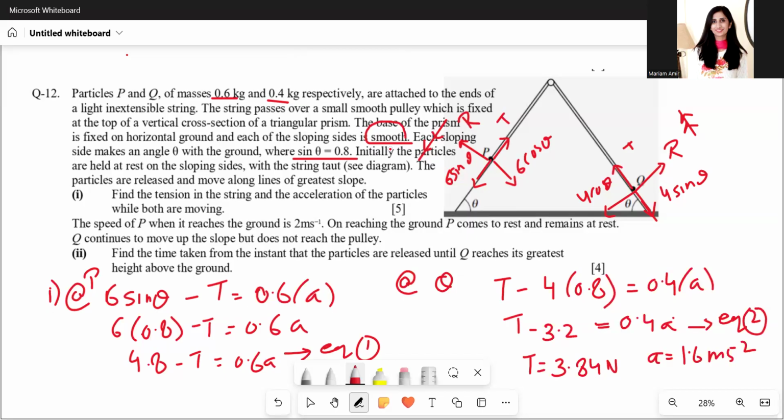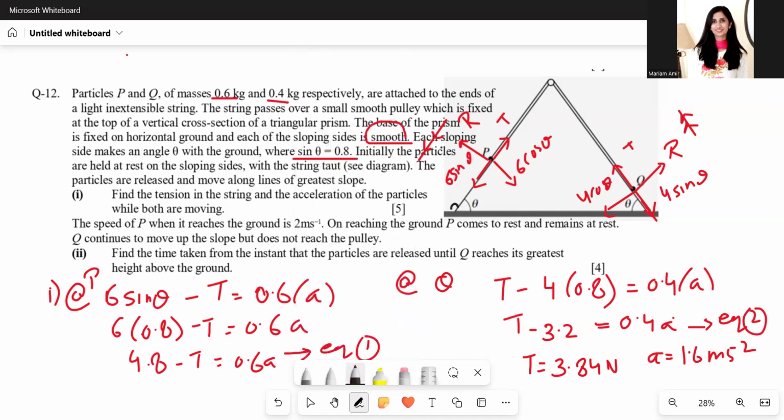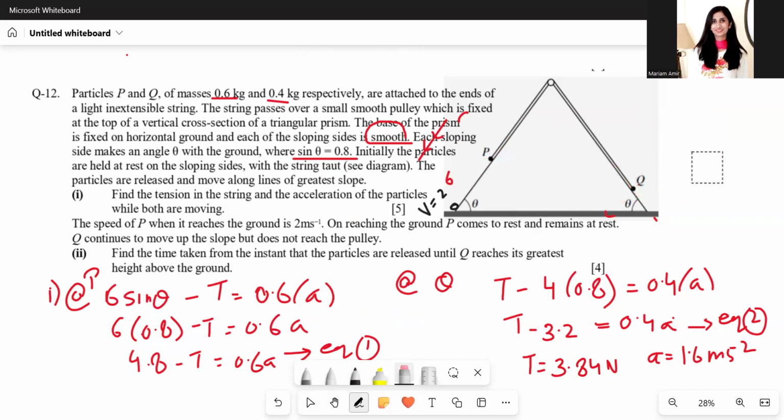The speed of P when it reaches the ground is 2 meters per second. Okay, so when P reaches the ground, its speed is 2 meters per second. That means that as P reaches the ground, Q is going to move the same distance upwards.